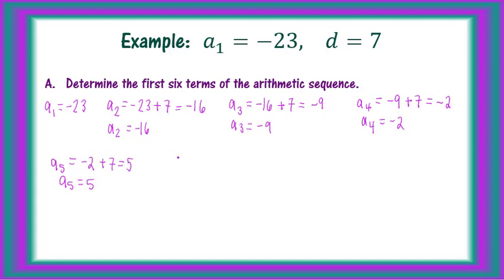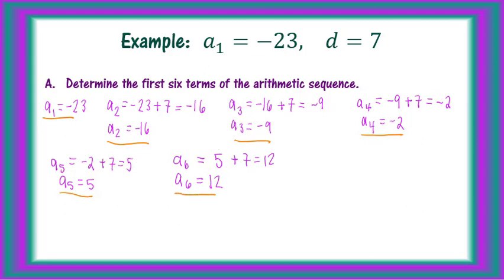And then a sub 6, I take a sub 5, which is 5, and add the common difference of 7 to get 12. So a sub 6 is 12. Now I have each of the first 6 terms in my arithmetic sequence where the first term was negative 23 and the common difference is 7.